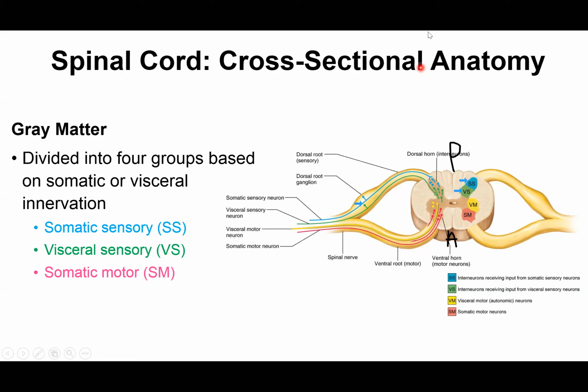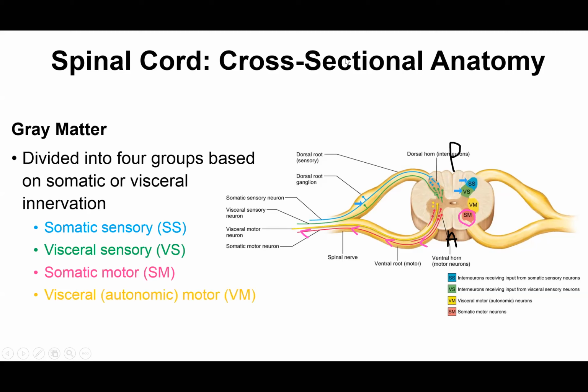Okay, and so direction of movement here for things on the motor side is out. Okay. And here's the location where those somatic motor neurons are located within the gray matter of the spinal cord.